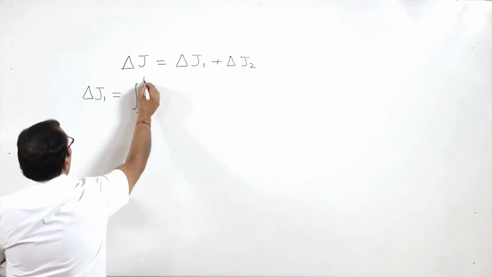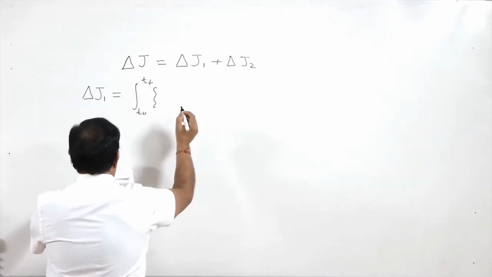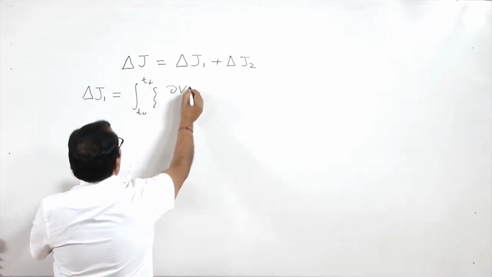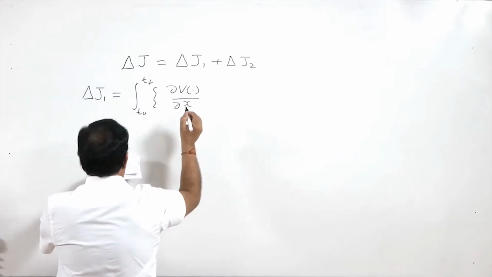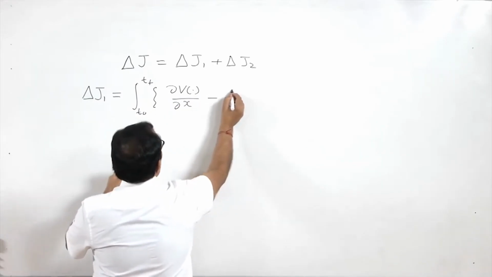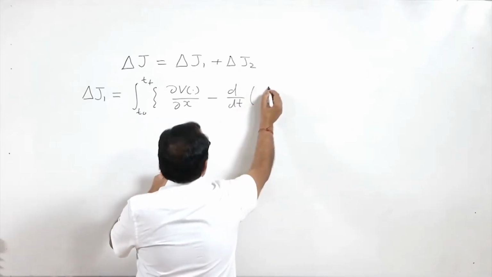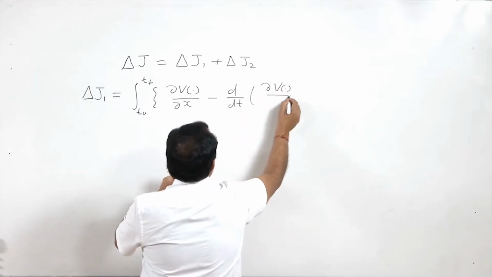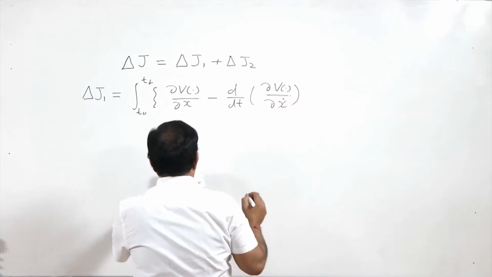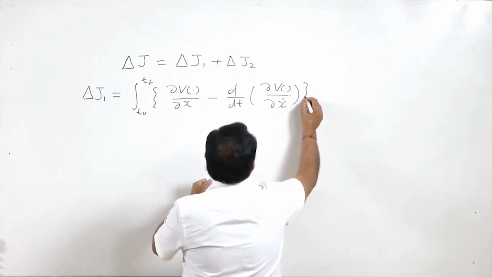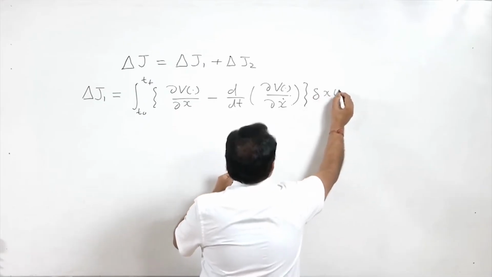integral T0 to Tf, del v by del x minus d by dt of del v by del x dot, into delta x t.